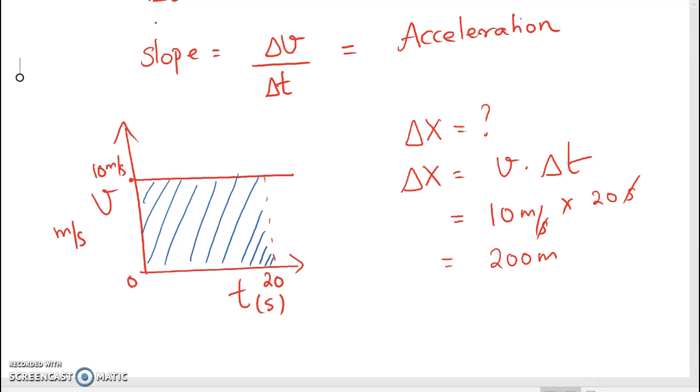This shape right here is a rectangle, and area is length times width. So the length being 20 seconds, the width being 10 meters per second, it works out to be the same answer, 200 meters. So you can calculate displacement as simply the area under the plot in a velocity time graph.